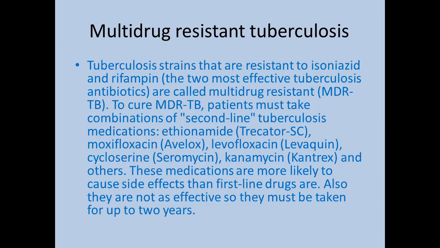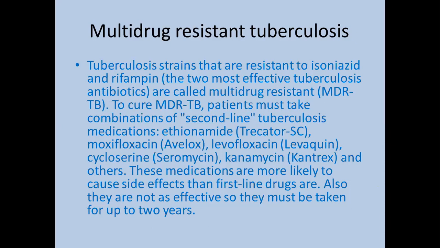They haven't got the one that will respond to first-line treatment. So this is a problem. So tuberculosis strains that are resistant to the 2 most effective tuberculosis antibiotics are called multidrug resistant, or MDR-TB.